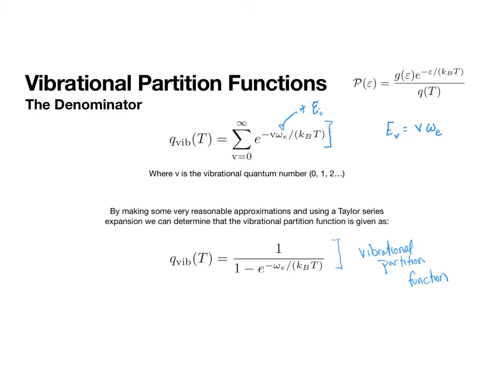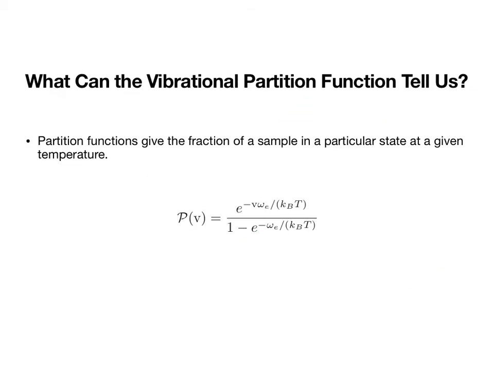Remember from this, I missed that fraction. So remember that this P of V gives us the fraction, and so we put our individual state, with our individual V, on the top, divided by our Q. And you will see that I made a mistake in my formula.